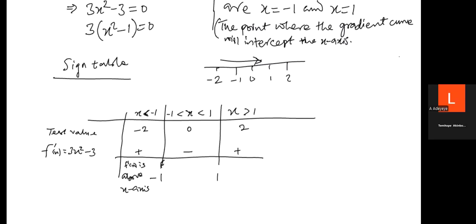Now, where we have negative, it means f prime of x is below the x-axis. Then here is also positive, so f prime of x is above the x-axis.